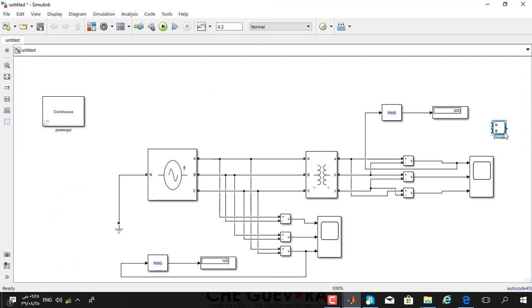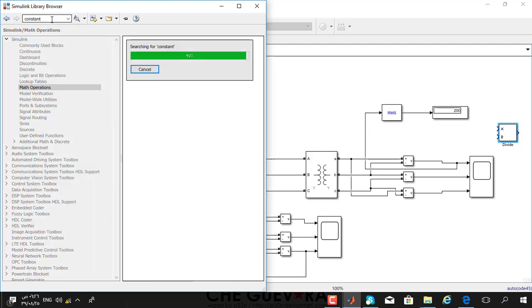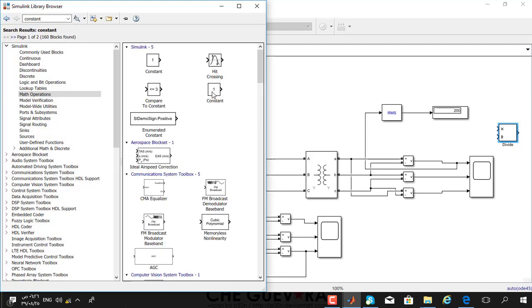As you know, gentlemen, in the Y connection the line voltage equals root 3 times phase voltage. So if you want to find the value for the phase voltage, we need something called divide, and we need something called constant. Enter. Yes, this one.